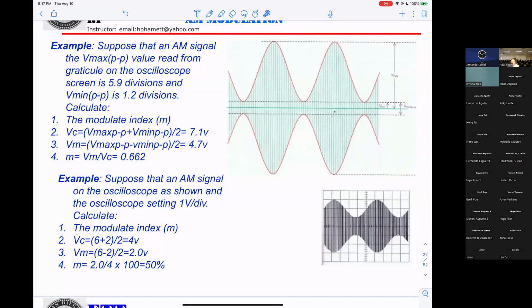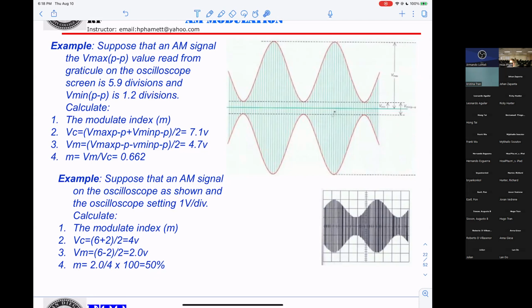The thing is, on the generator, on the modulator, when you get the signal carrier and your voice, automatically they create both sides. Okay, they will be the same thing. Now, suppose that in an AM signal, we make the V max peak to peak value read from the oscilloscope screen is 5.9 division, and V minimum peak to peak 1.2 division.